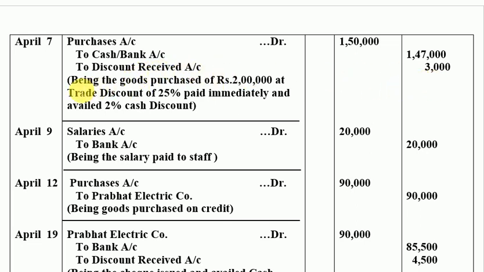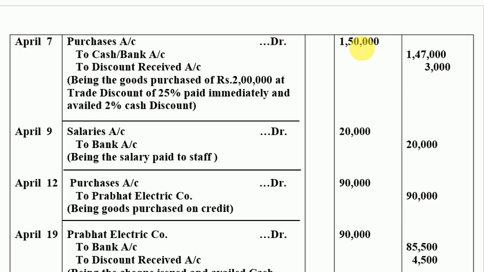So the entry is purchase account debit to cash or bank account 1,47,000, and to discount received 3,000. Being the goods purchased of rupees 2 lakhs at trade discount 25%, we know the trade discount is not going to be recorded in books of accounts, and paid immediately, availing 2% cash discount. So 25% of 2 lakh is 50,000. 2 lakhs minus 50,000 is 1,50,000, and on 1,50,000 he is making the payment promptly.